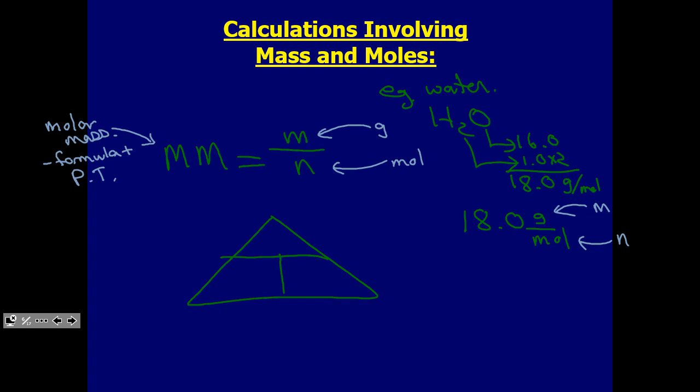If I have a fraction as one of the sides, and I do right here, then the thing that's on the top of the fraction goes on the top of the triangle. So in this case, mass is on the top, moles and molar mass. All right. We multiply the 2 on the bottom, and we divide anything that's above or below. Okay. Let's do some examples.